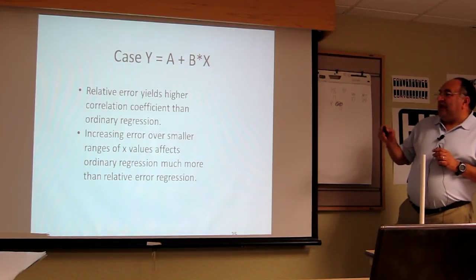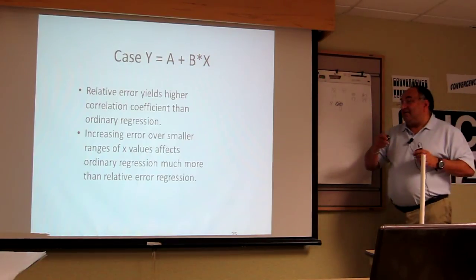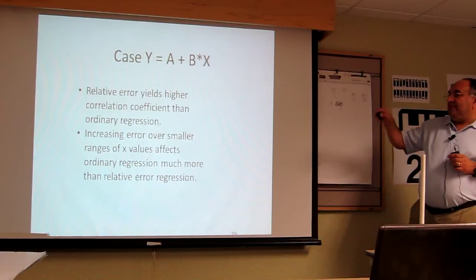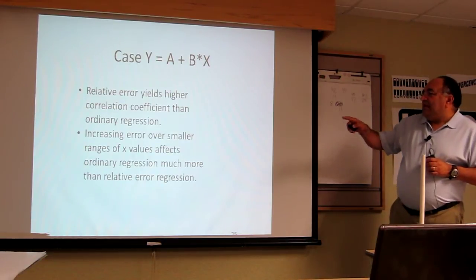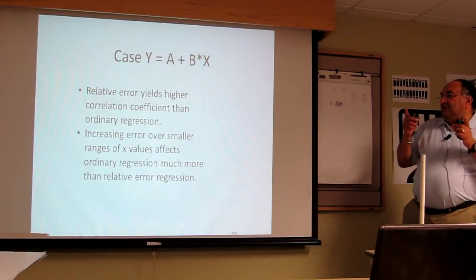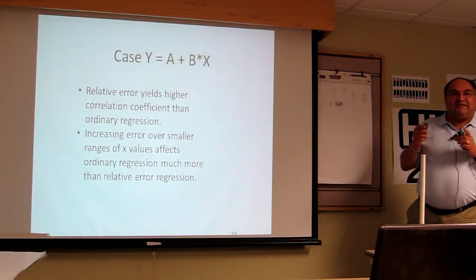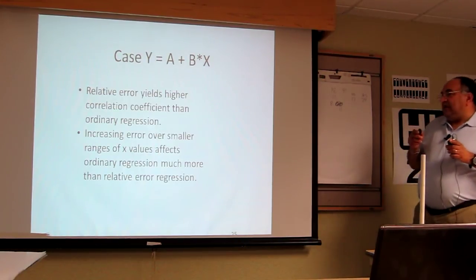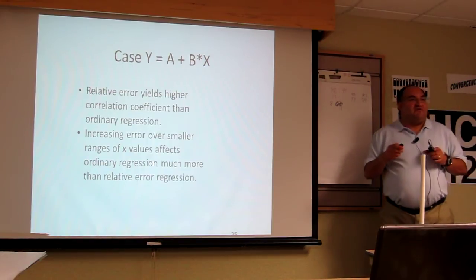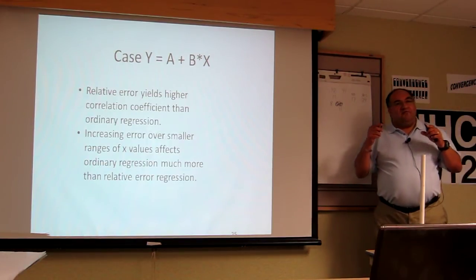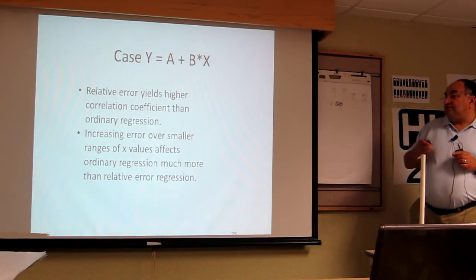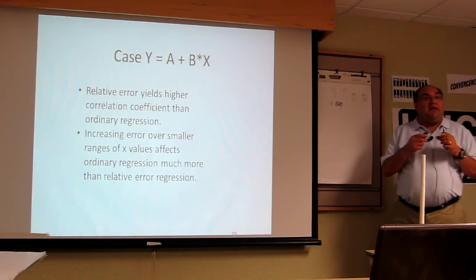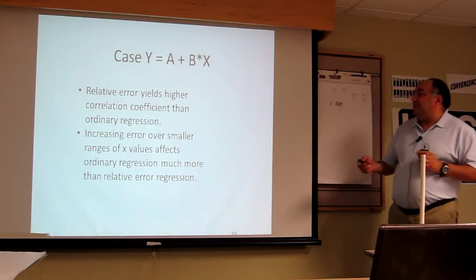What is interesting, and because we're tired and it's late, these conclusions pretty much apply for the other types, that when we increase the error over small ranges of x values, the ordinary regression suffers from lower values of correlation than the relative error. So the relative error pretty much maintains its own.